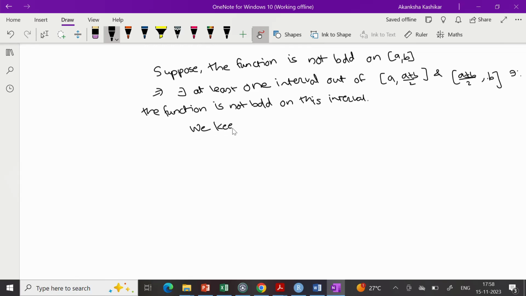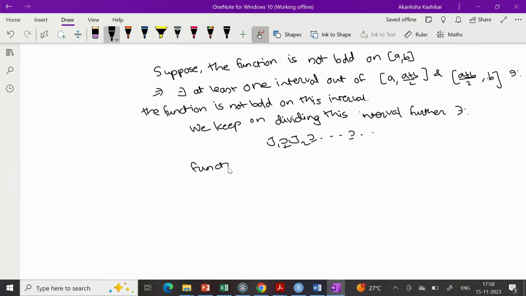We keep on dividing this interval further, such that J1 is a superset of J2 is a superset of, and so on, and the function is not bounded on any Ji, because we are always picking that half where the function is not bounded, and the length of Ji is (b minus a) upon 2 raised to i.